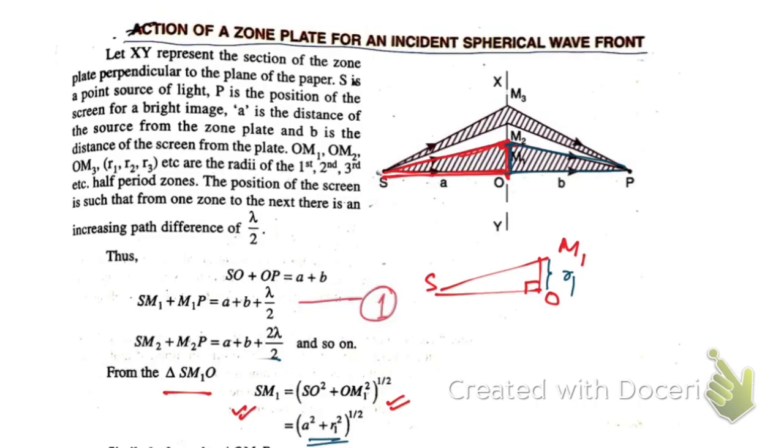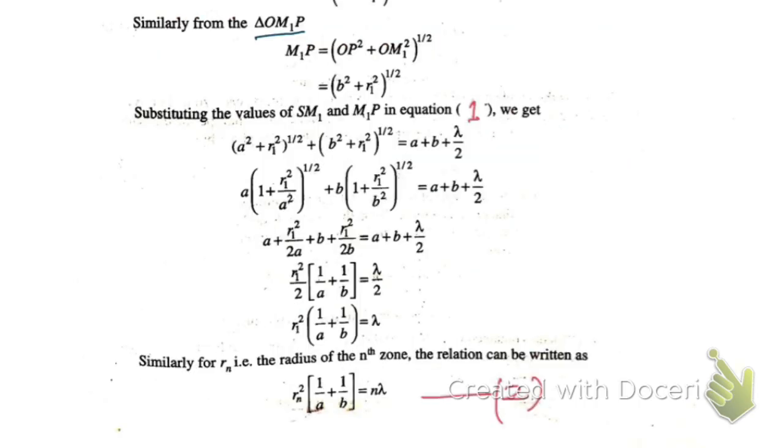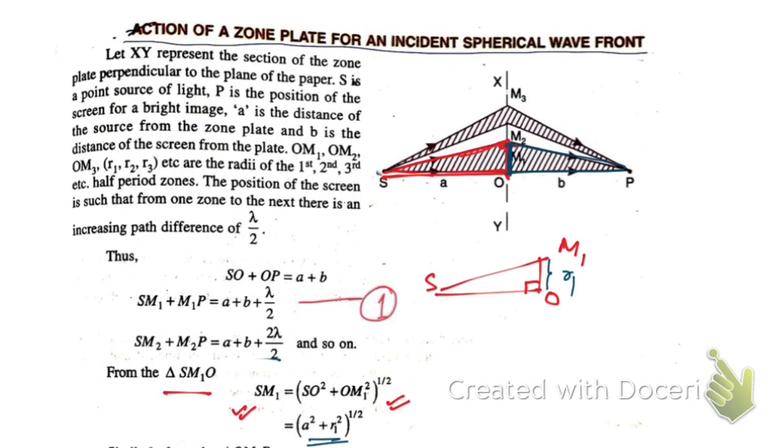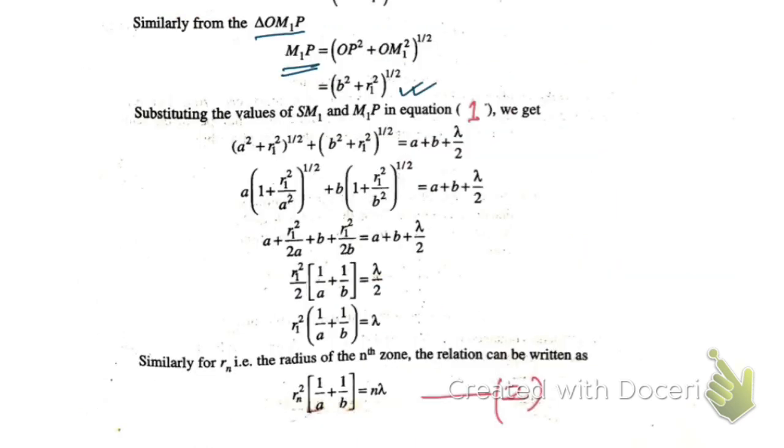Now what we will get? We will get M1P. Okay, this part, this triangle, M1P, this length is B, this is again R1. Again here, if we use the Pythagoras theorem, then we will get this result, right?